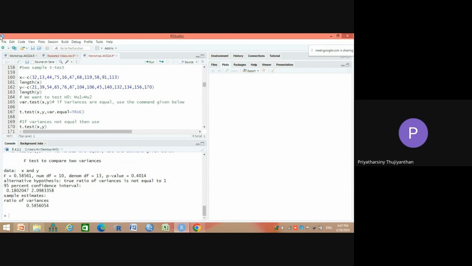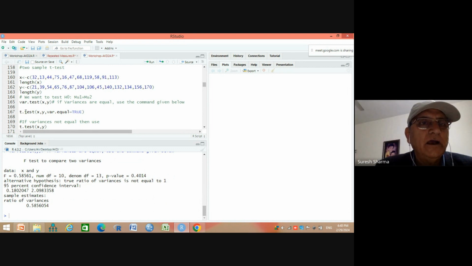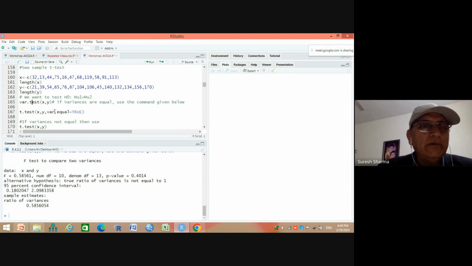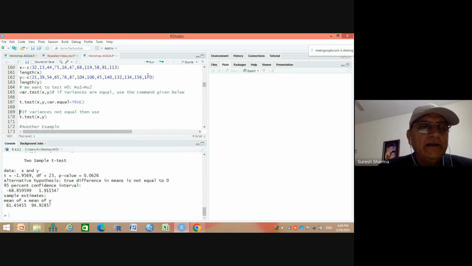So that's why for this t-test I have to compute the t-test between x and y, but by assuming that var.equal is equal to TRUE, because I have tested that. So I will make use of var.equal equals TRUE. Run this, and this is the p-value.